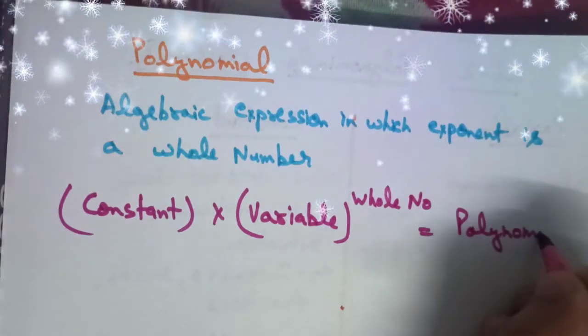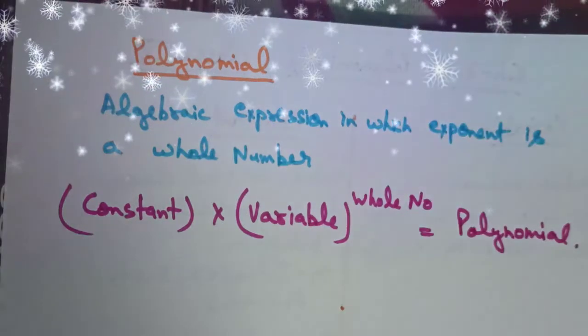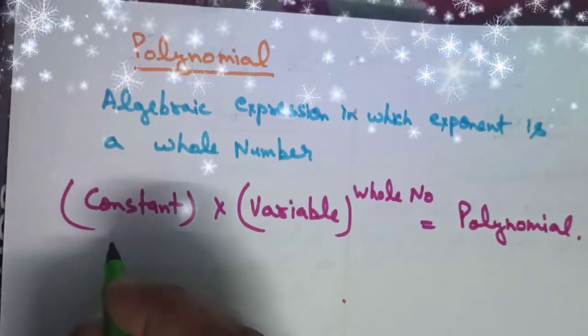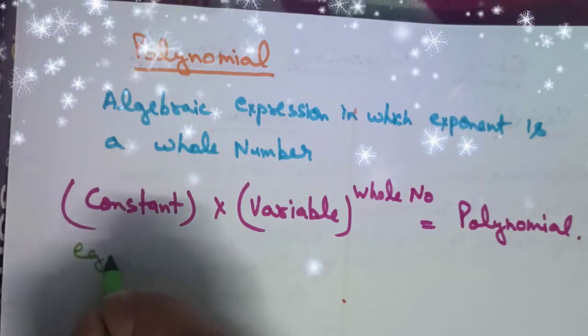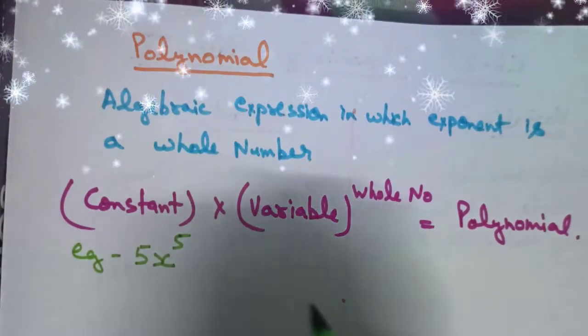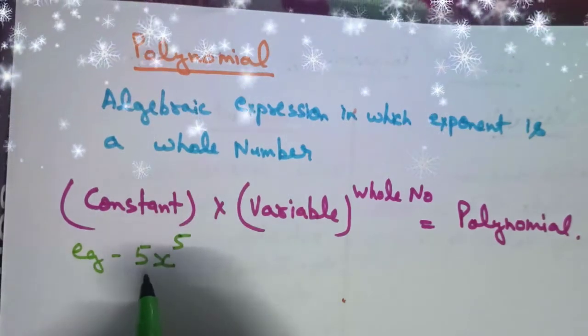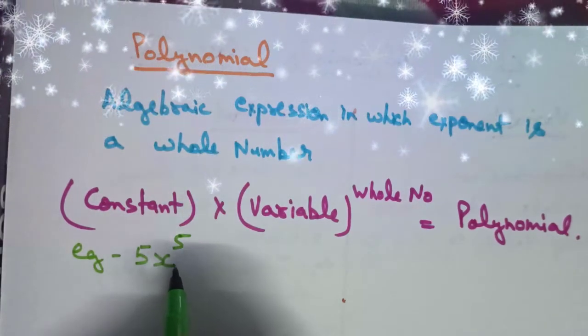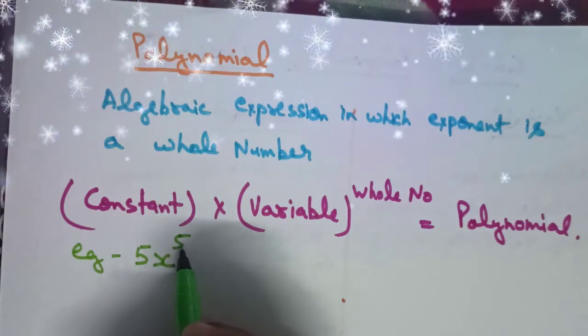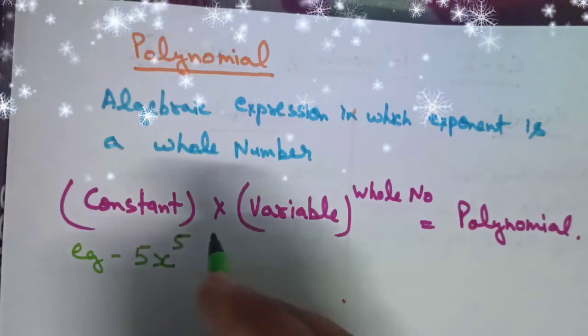Okay, hope you have understood. Now a few examples. If we take the above examples, like 5x raised to the power 5, 5 is a constant, the variable is x, and the power is 5, which is a whole number, so it is a polynomial.